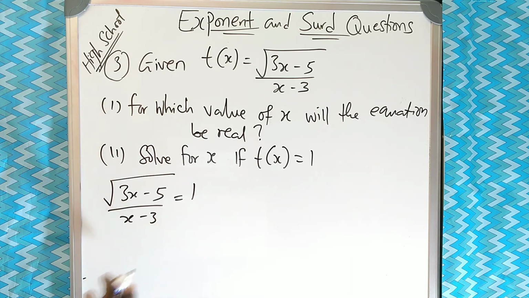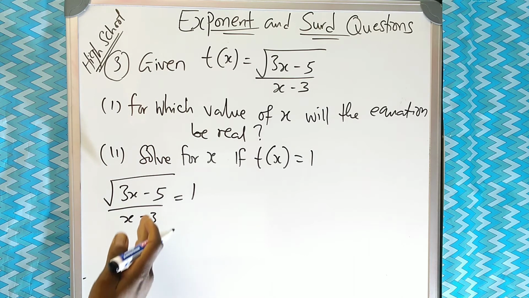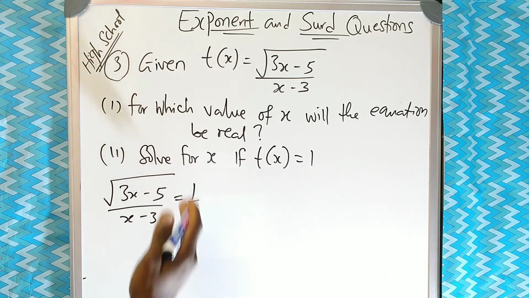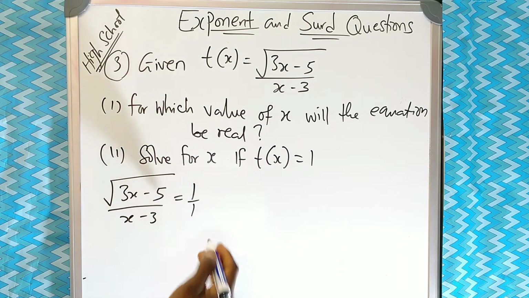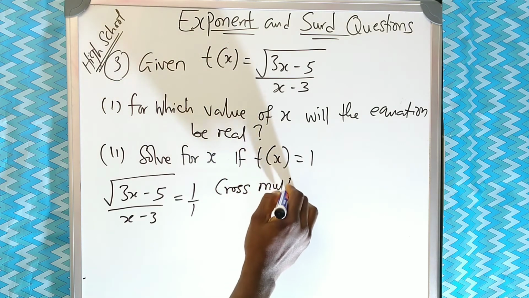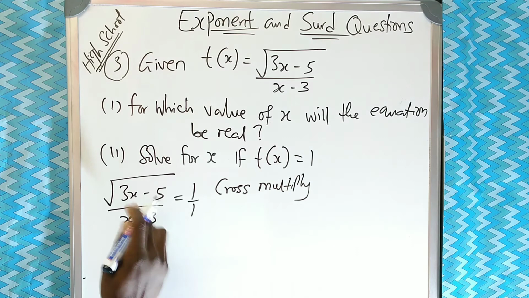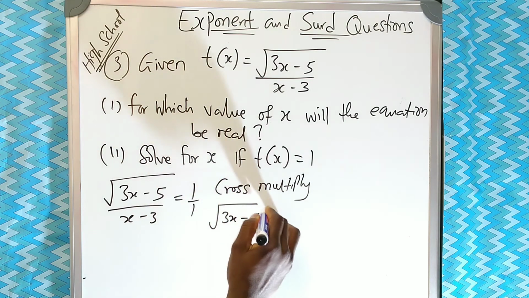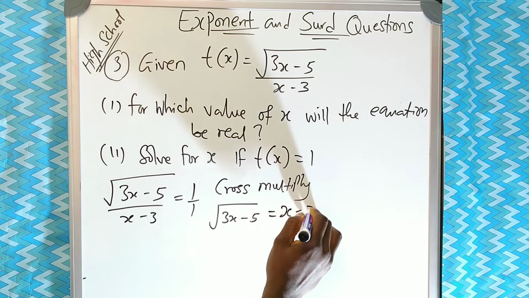So at this point, what are we going to do? If you look at it, the denominator here can be used to multiply this one. This is the same thing as 1 over 1. So when you cross multiply, we have the square root of 3x minus 5 equals x minus 3.